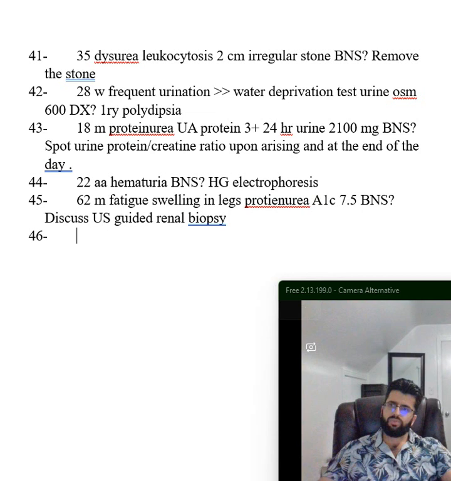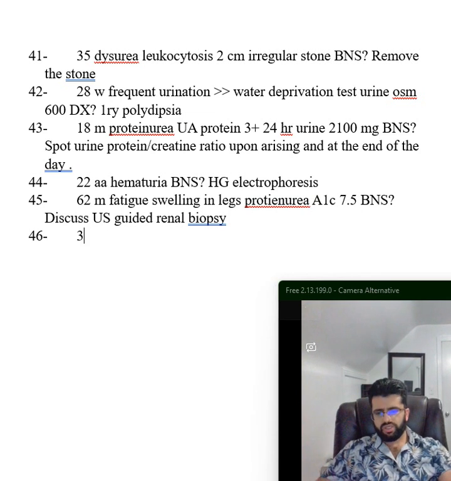Someone, a 39-year-old, comes in because of swelling, pedal swelling in the lower extremities, and has chronic kidney disease. So what's the benefit?